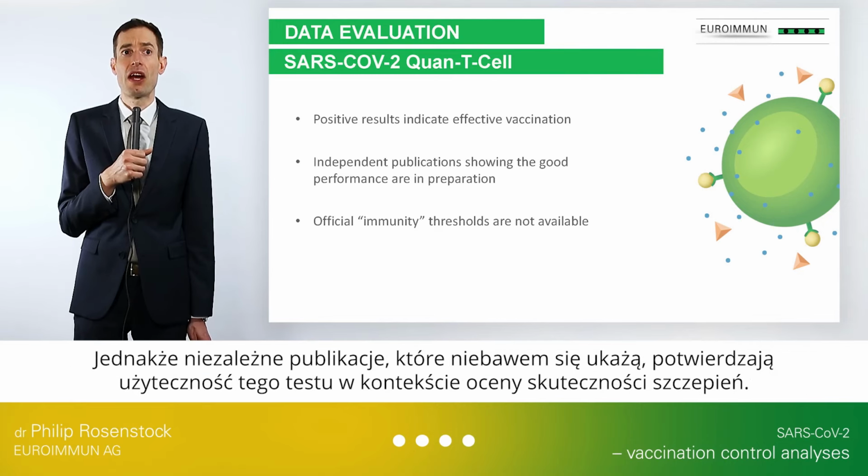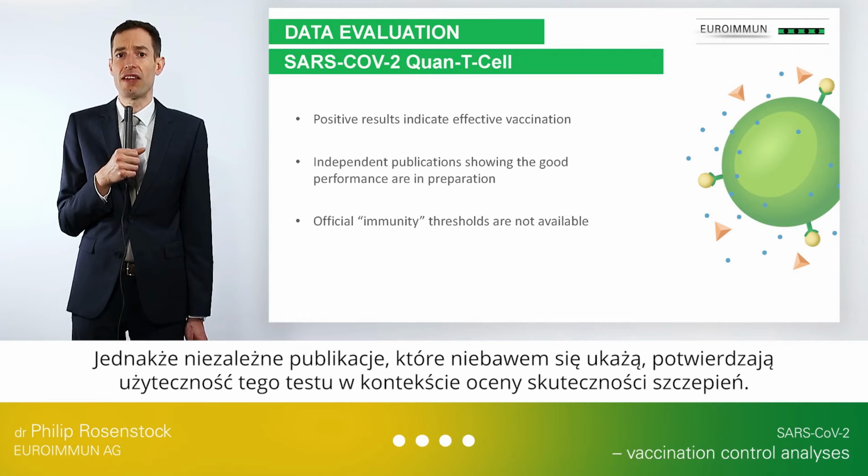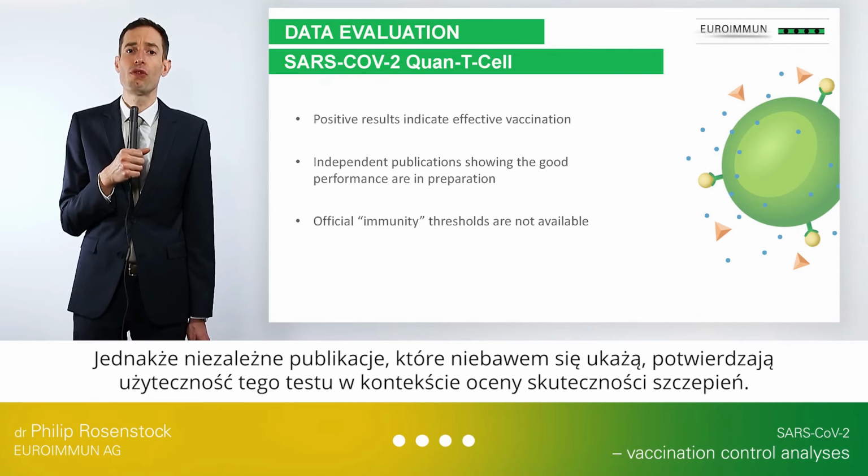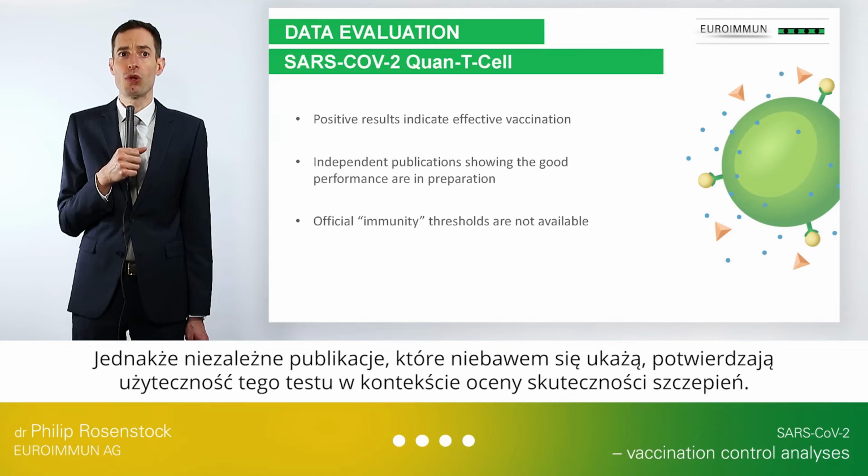However, there are some independent publications that are going to be released soon, and they show a very good performance also after vaccination. They will state that this assay is an appropriate tool to detect vaccination efficiency. However, the official immunity thresholds are not available.